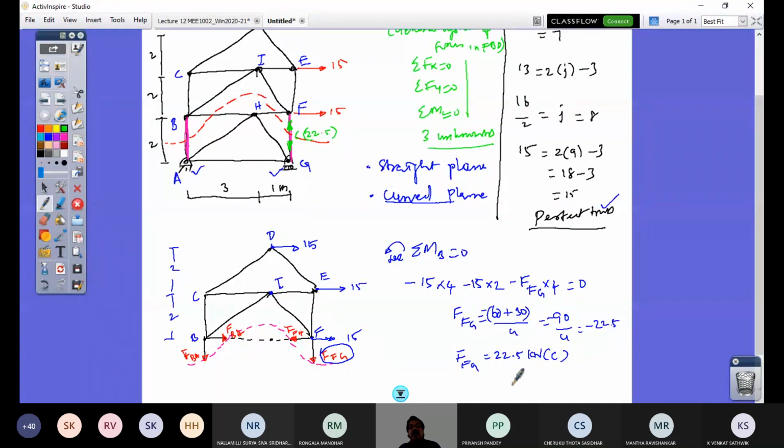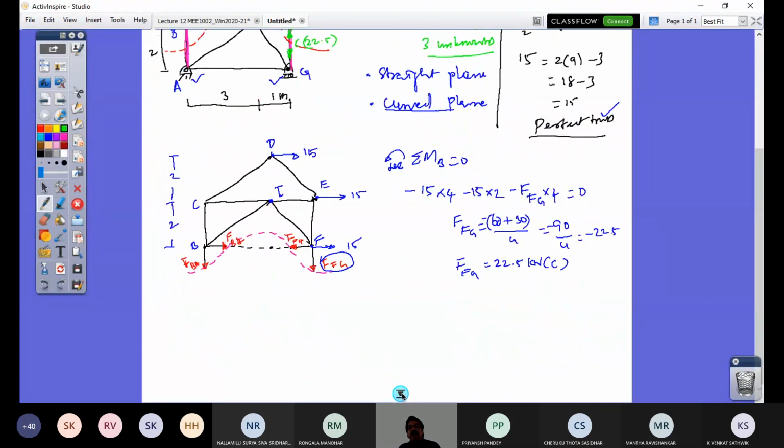And similarly, I can find what is now my FBA by taking moment at point F. So I can just have another equation to solve my problem. So that is sigma M F equal to 0, with the convention counterclockwise moment positive. So when you take moment about this point, I would have this 15 kilonewton force, this 15 kilonewton force, and this FBA comes into the equation.